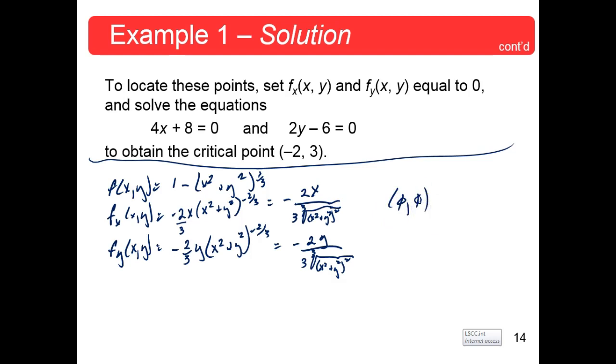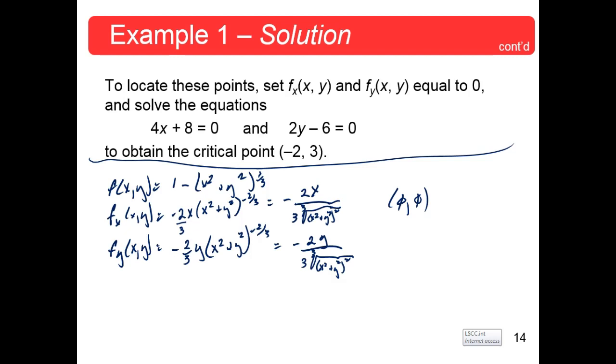But there's another, and that's where either of your first partials doesn't exist. Well, 3 is always good. Cube roots are always good. But a 0 down here is not good. And where is that equal to 0? At 0, 0.